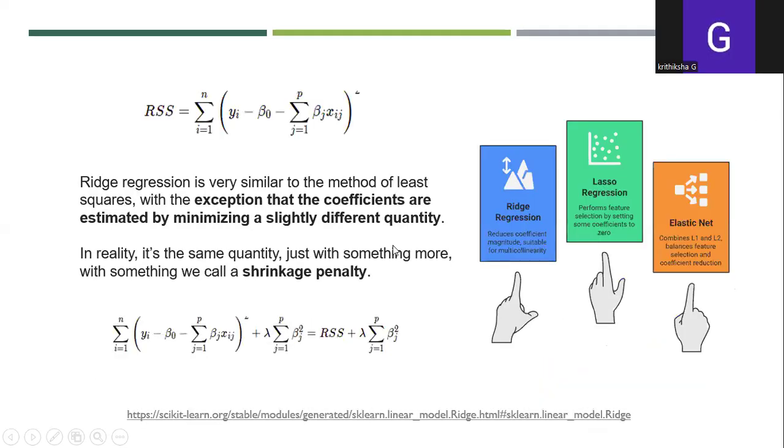Then I would like to explain the mathematical formula for that. It is very simple; just understand the concept. Here is the residual sum of squares formula. Ridge regression uses this formula, but adds the shrinkage penalty to it. As I said, by adding the L2 penalty, it handles multicollinearity and prevents overfitting by shrinking the coefficients towards zero.